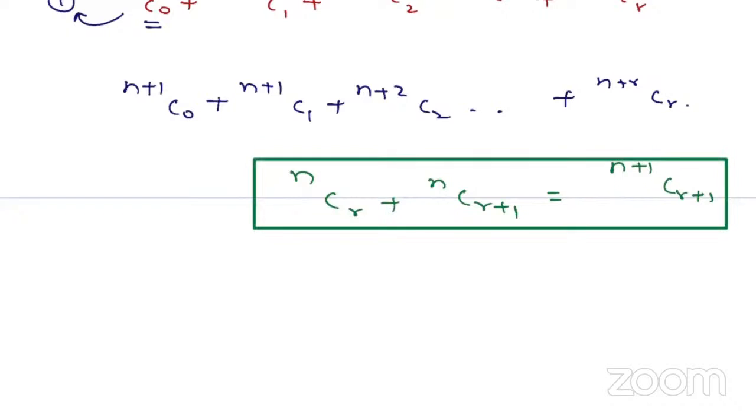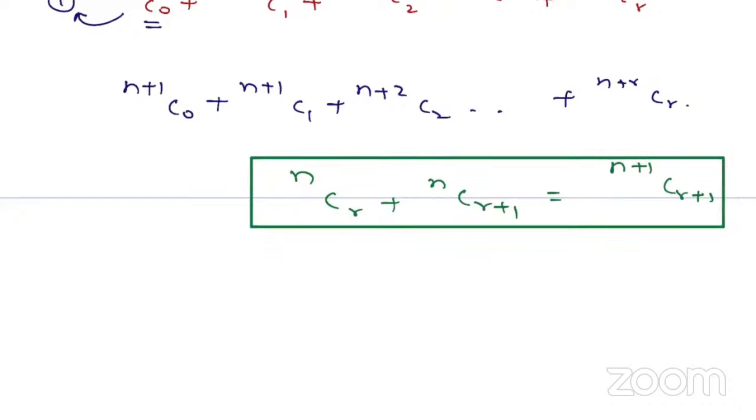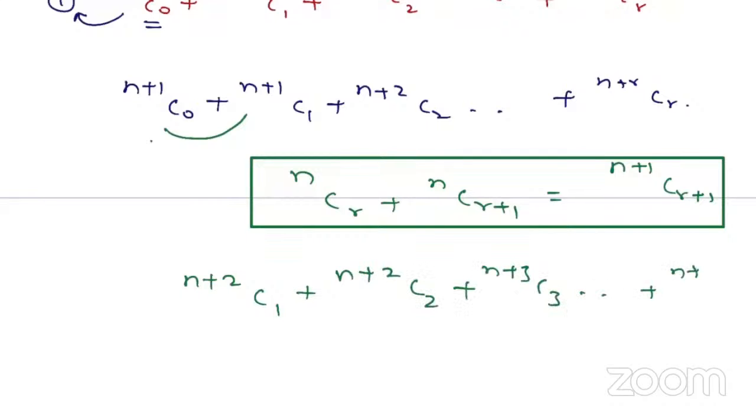A simple, basic, but very useful formula. See, if I apply this formula on these two, what I'm getting is n plus 2 C1. Then I write the rest of the question again: plus n plus 2 C2 plus n plus 3 C3 and so on up to n plus r Cr.